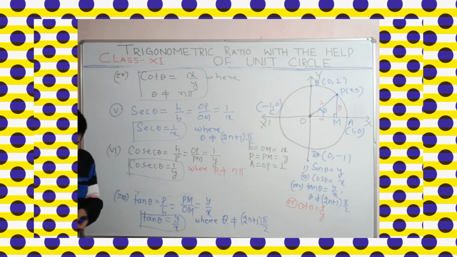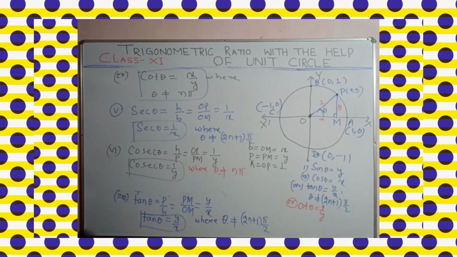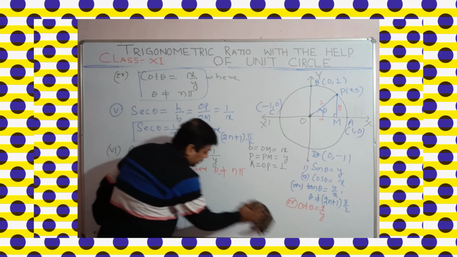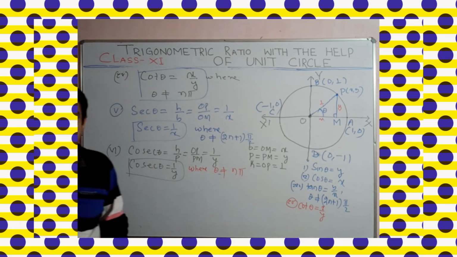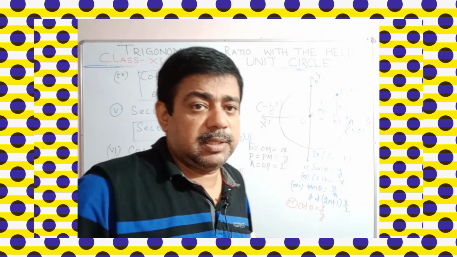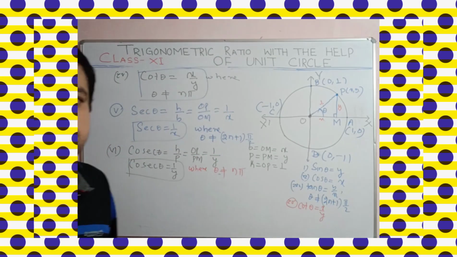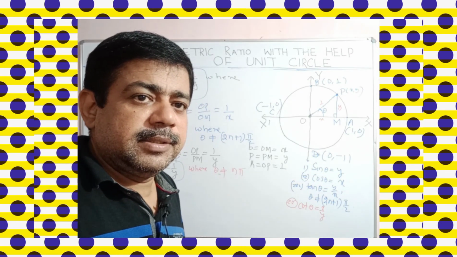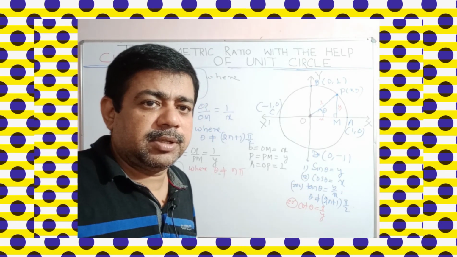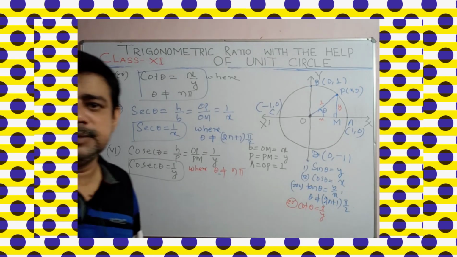Is it clear, all of you? So this is about the trigonometric functions with the help of the unit circle, and these are widely applicable in solving various trigonometric problems. I hope you will understand it and follow it. Is it clear? So let us practice it. Okay, understand? Thank you all of you.